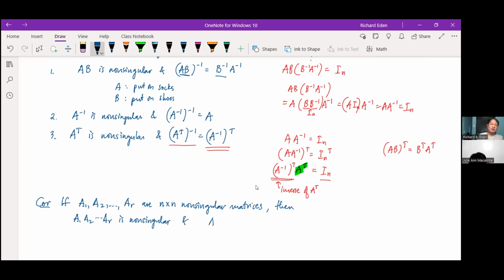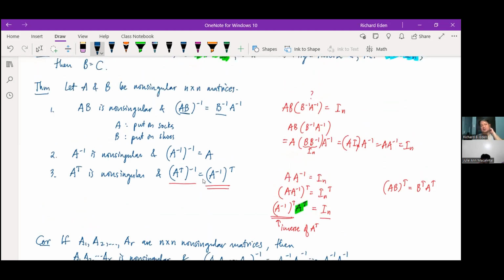And what is the inverse of this product in terms of the inverses of the individual factors? It's reversed: A sub R inverse, A sub R minus 1 inverse, until A1 inverse. This can be argued using statement number one above.